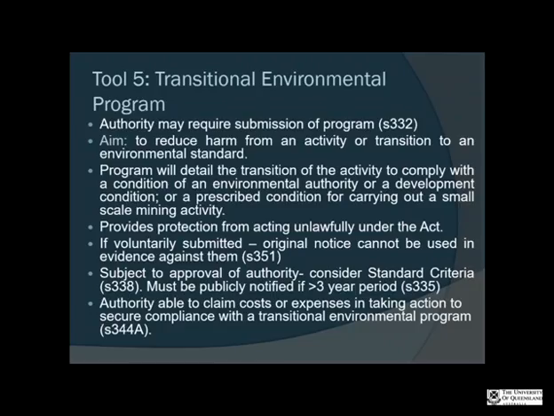So let's say you run a factory and you become aware that there was a large quantity of material leaching into the ground. So there's a contamination event going on. You're not complying with your conditions of approval.